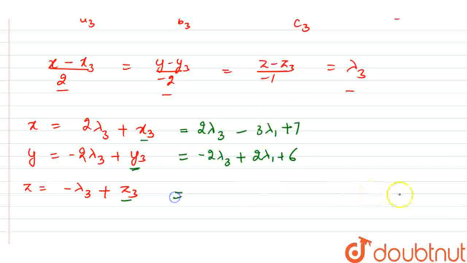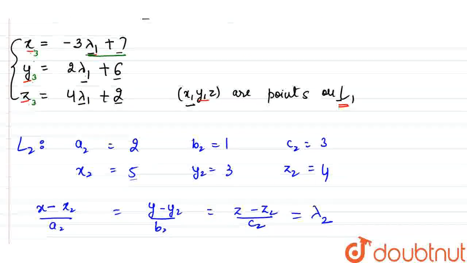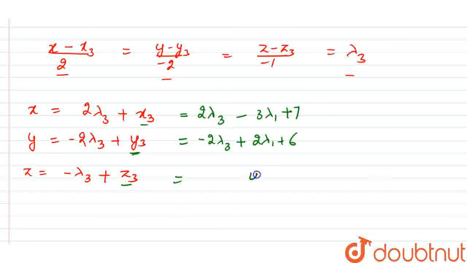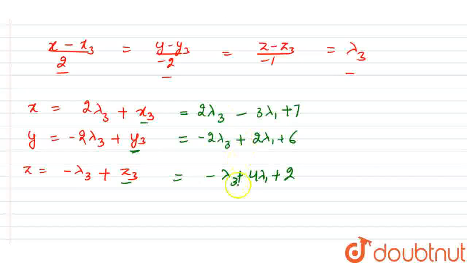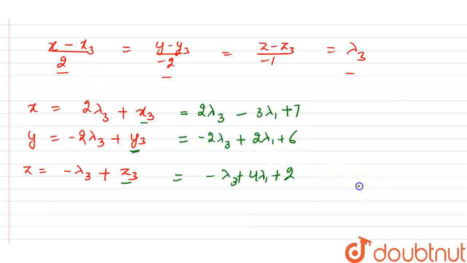And the last one is 4 lambda 1 plus 2, so this will be 4 lambda 1 plus 2 minus lambda 3. So these are the coordinates x, y, z of the line L3. Here x, y, z denotes the points on the L3 line.